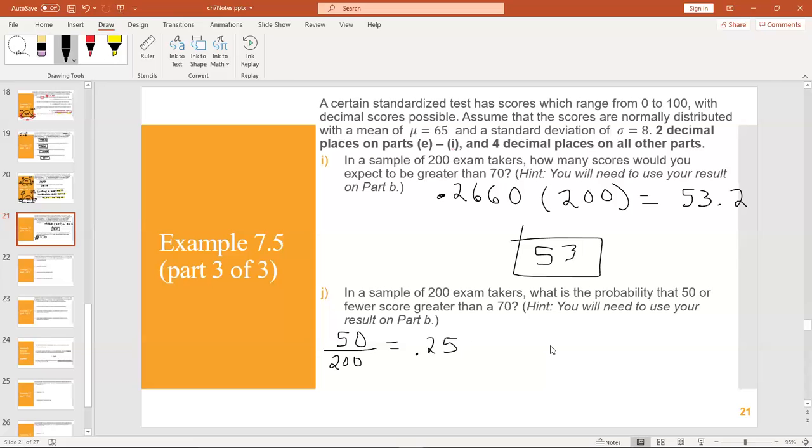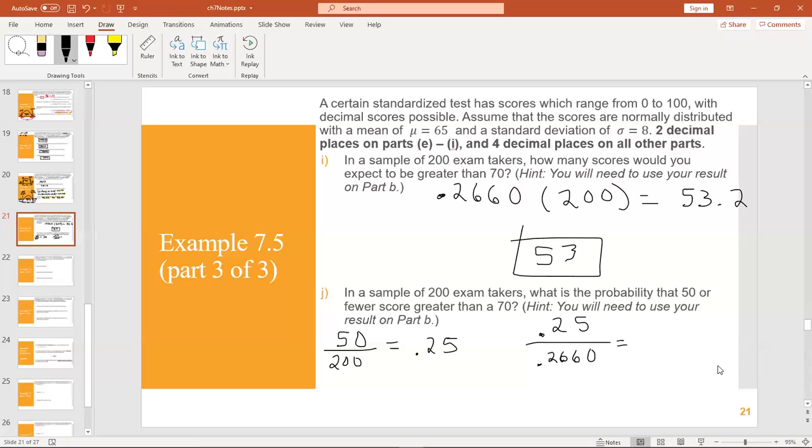And so then we want to find out how many of them will be greater than 70. So this is basically a conditional probability. So given we are looking at 0.2660 of all the students, we're finding the proportion of 0.25 of them that meet that criteria.